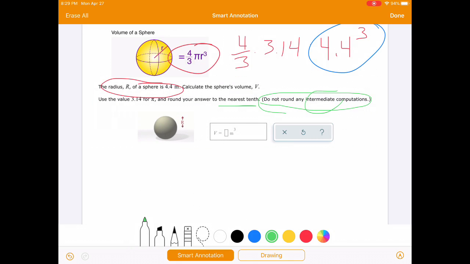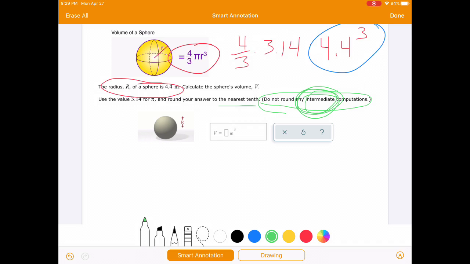So intermediate, if you ever heard of that word, kind of means in the middle. So the computations in the middle, not at the end, not at the beginning. We were able to round pi to 3.14, but when we find 4.4 to the third power and multiply that by 3.14 and multiply that by 4/3, they don't want us to round any of those until we get to the very end computation.